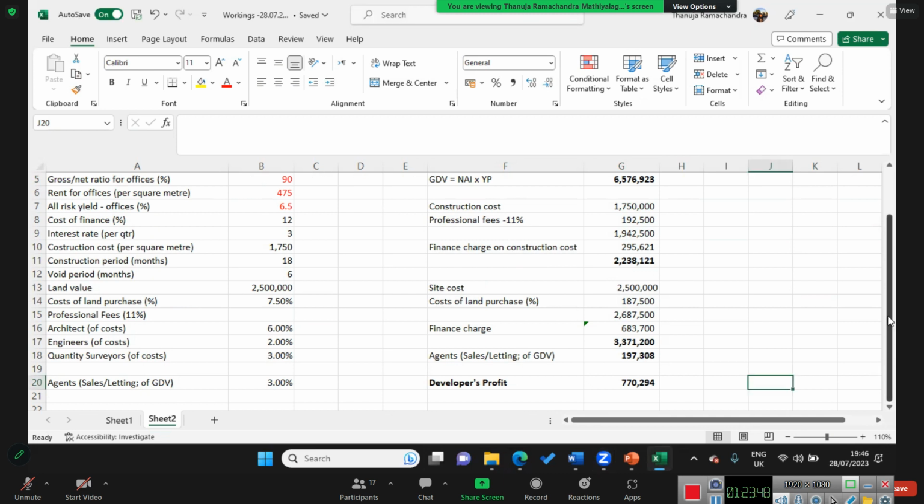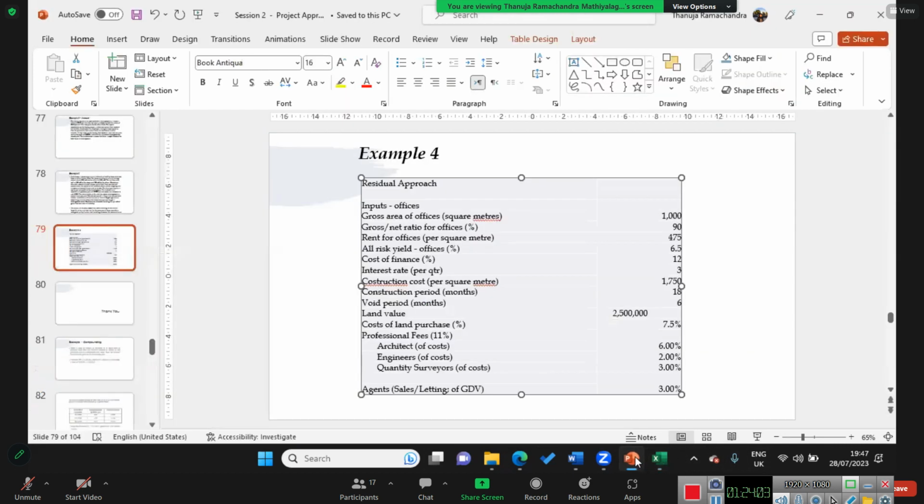Developer's profit, land cost, or GDV. Right. So we have actually done all this with the residual approach, actually.